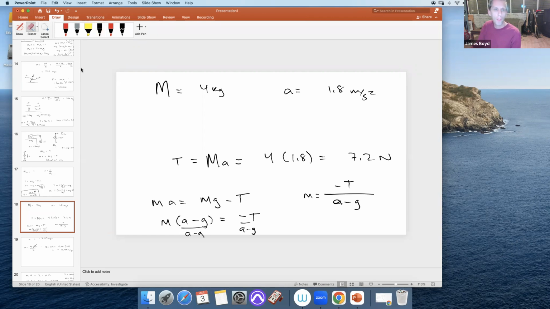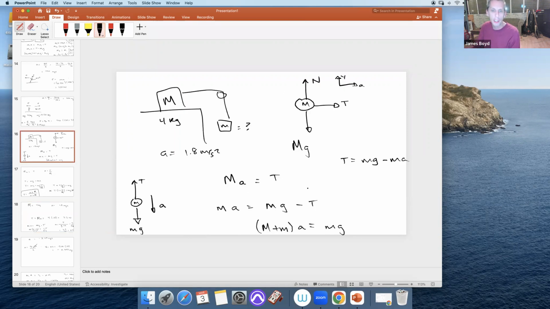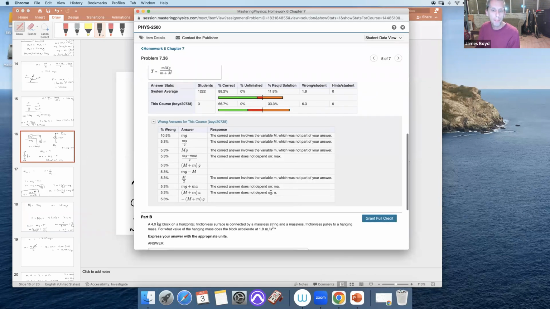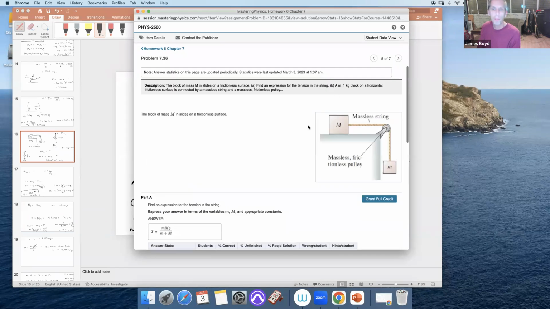If I multiply both by negative 1, I get T over g minus A. So I get 7.2 over 9.8 minus 1.8, which is 7.2 divided by 8, or 0.9 kilograms. So just go back and use these equations, solve for T, plug it in here, and solve for little m. 0.9 kilograms, not too bad.